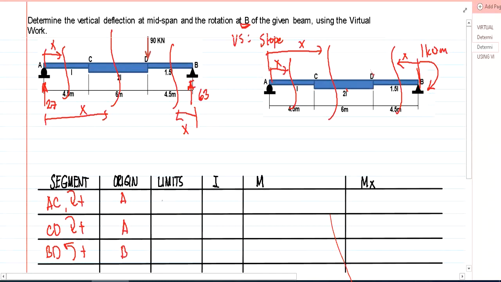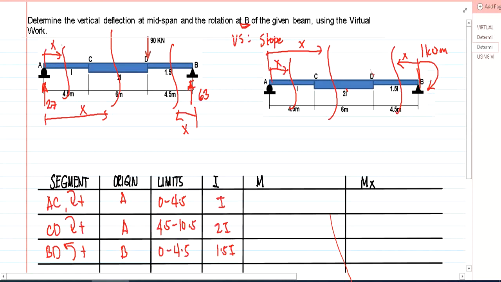For the limits, for segment AC, that is 0 to 4.5. Segment CD, that is 4.5 to 10.5. Okay, tama. And for BD, we have 0 to 4.5. Okay? And for your I, we have I, 2I, and 1.5I. For the moment equation. Okay?